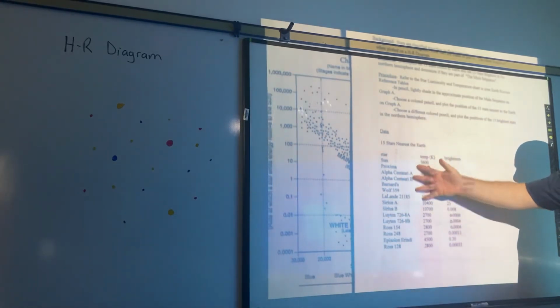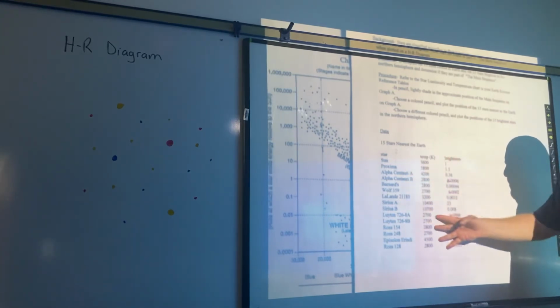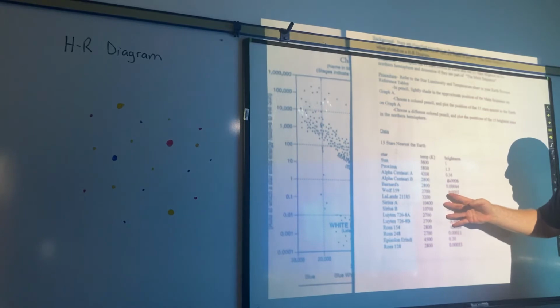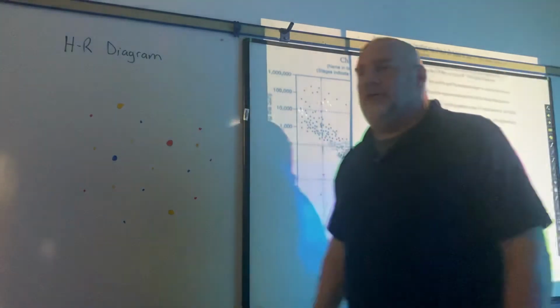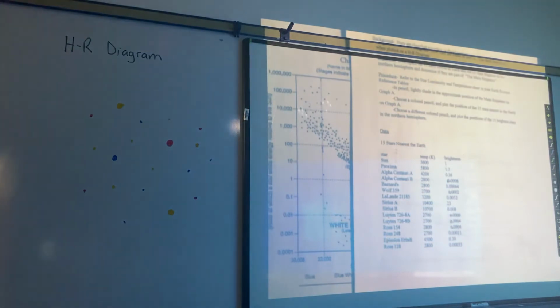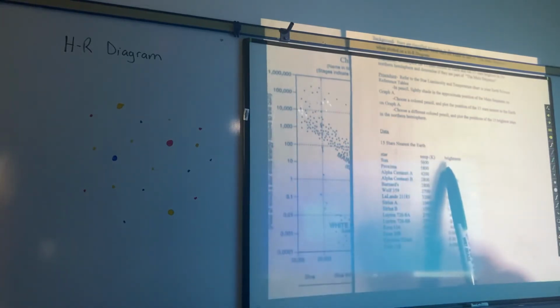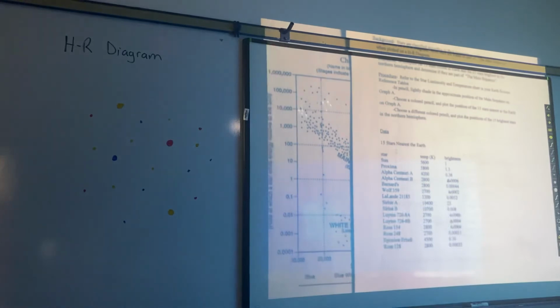All right, so what you're going to do is you're going to use one colored pencil, and what you're going to do with this is you're going to plot points on your HR diagram to see where they fall. So for example, the sun, 5,600 temperature to brightness of 1.